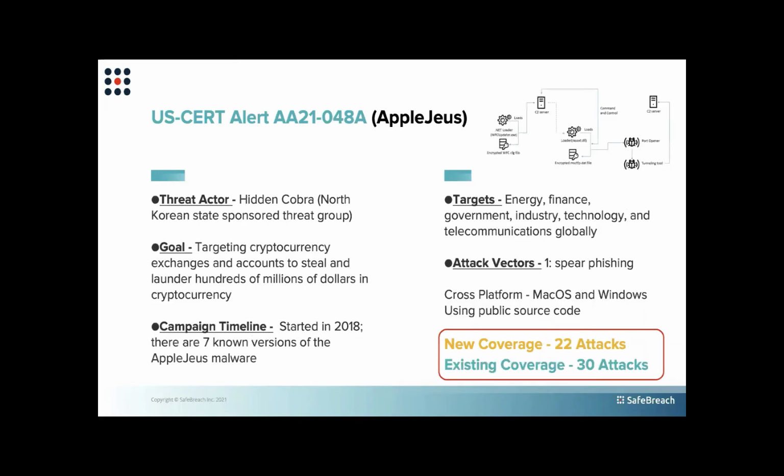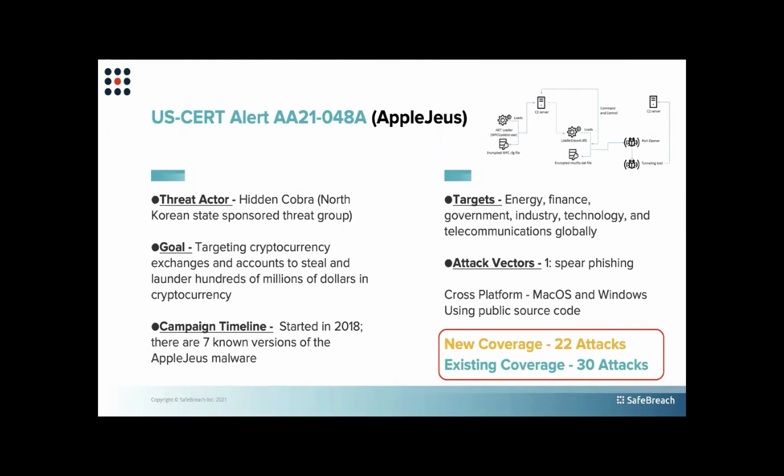The third one, the last example I will give, is about AppleJeus. This time it's not Chinese, it's a North Korean state-sponsored threat group. Actually, they are very active. They have a lot of campaigns. In this campaign, they targeted cryptocurrency exchange accounts, and they stole a lot of money from victims.